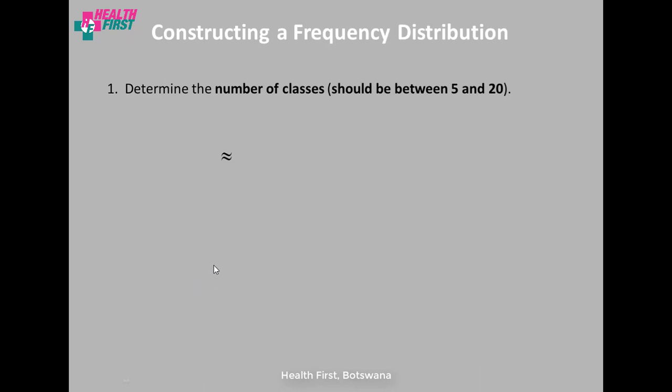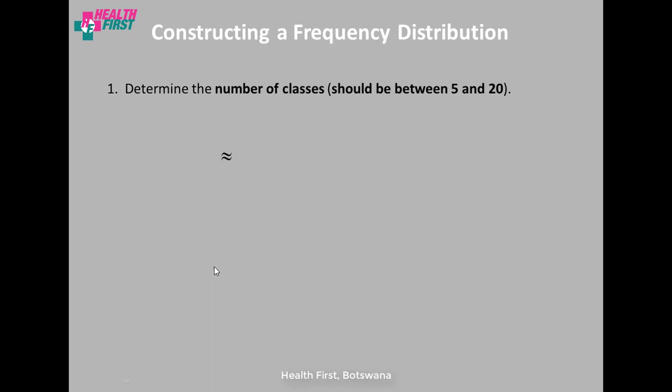So the first thing to do when we are constructing a frequency distribution table is to determine the number of classes that you would need. Unfortunately, this is not really an exact science. You'll have to look at the distribution or the data points that you are working with and decide how many classes you would need in order to display those data points accurately.